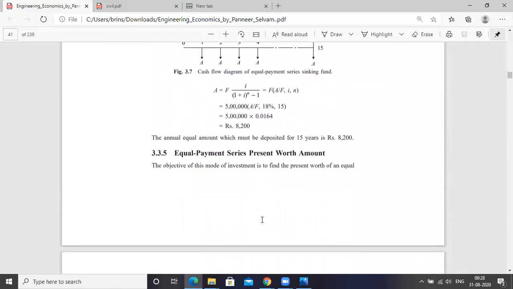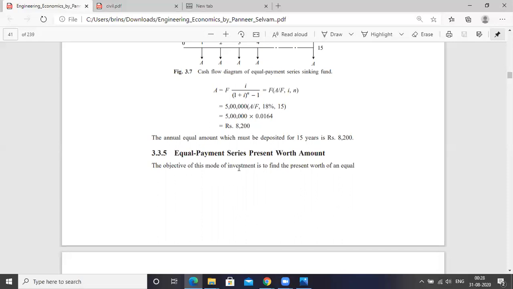Moving on to the equal payment series present worth amount.